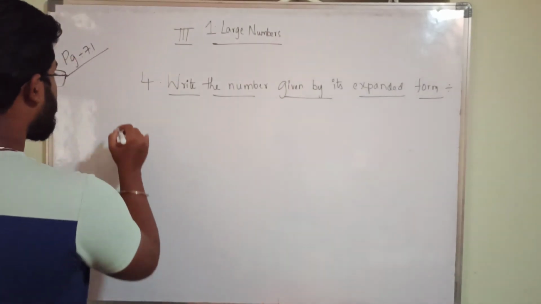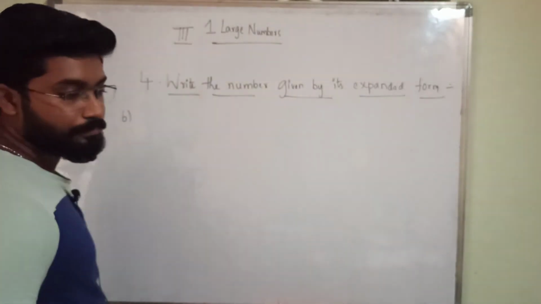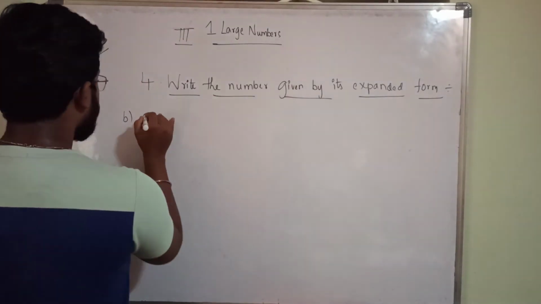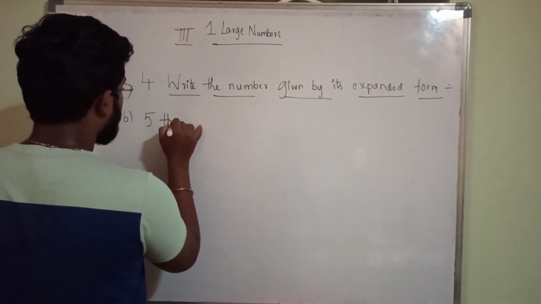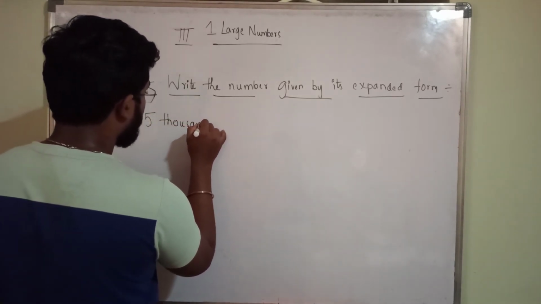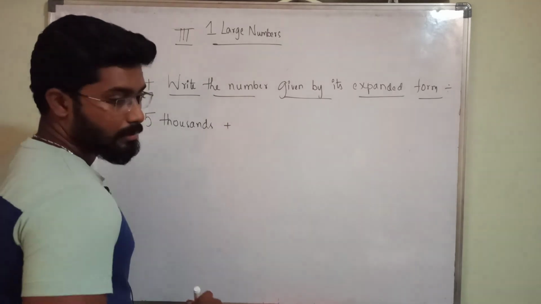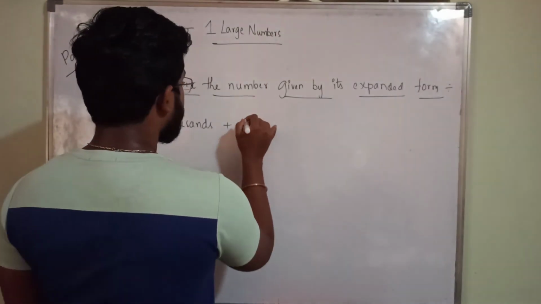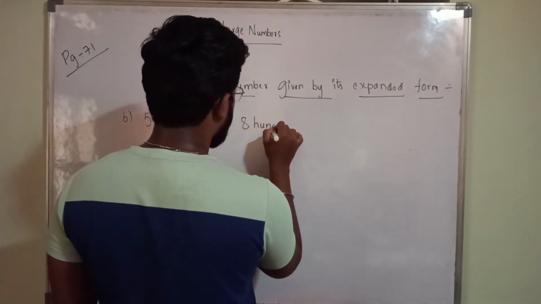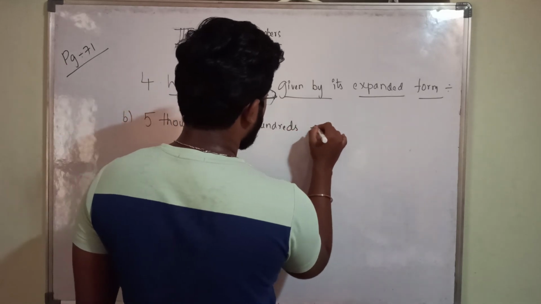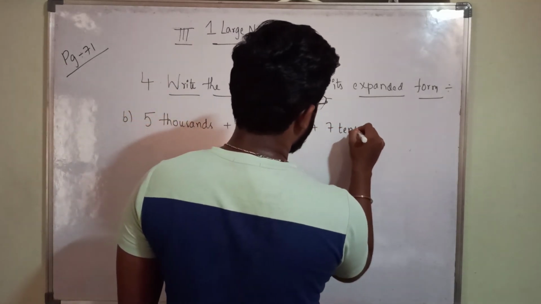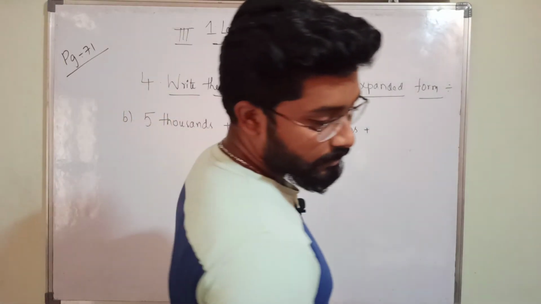Next one is B: 5,000s plus 800s plus 7 tens plus 3 ones.